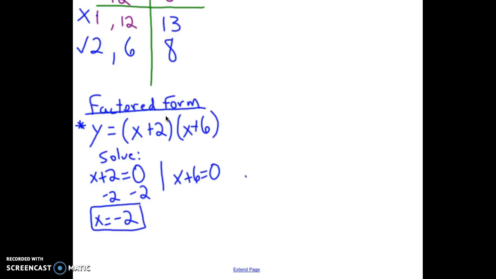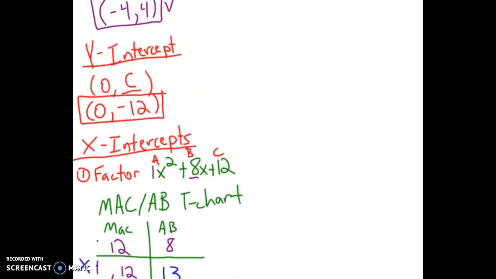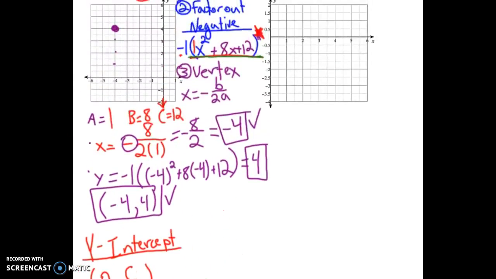And then to get x by itself over here, I subtract 6, and I have x equals negative 6. I have just found both my x-intercepts. There's 2 of them because it's a quadratic. Negative 2, negative 6.